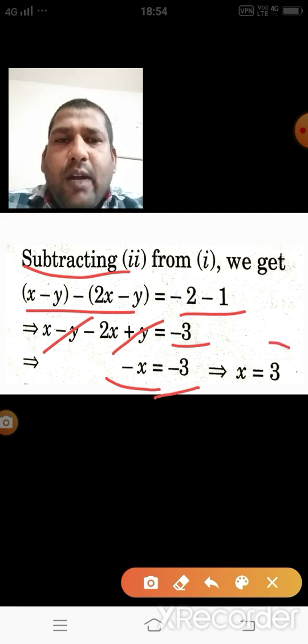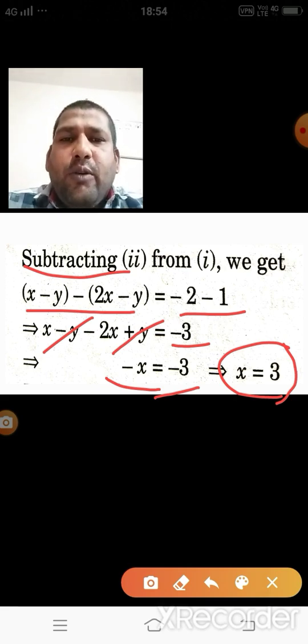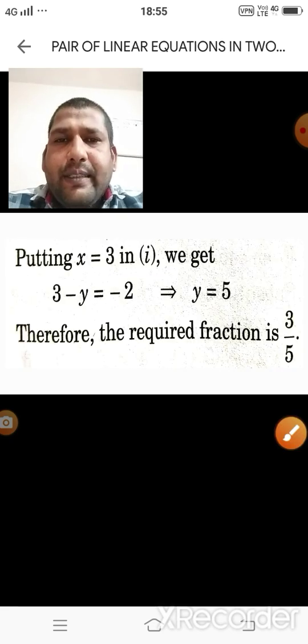Minus cancels out, and we get the value of x. If we have the value of one variable, we put it in either of the two equations and easily get the value of y.